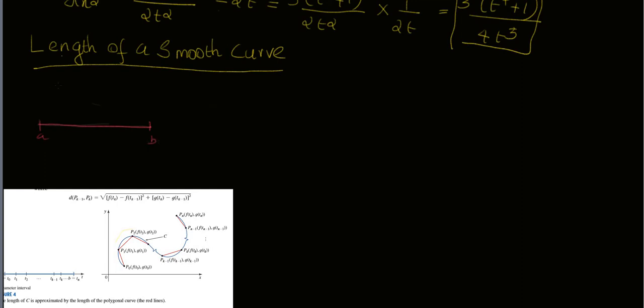For that, first we have to note that x is equal to f of t and y is equal to g of t. And how will you say that these are smooth?